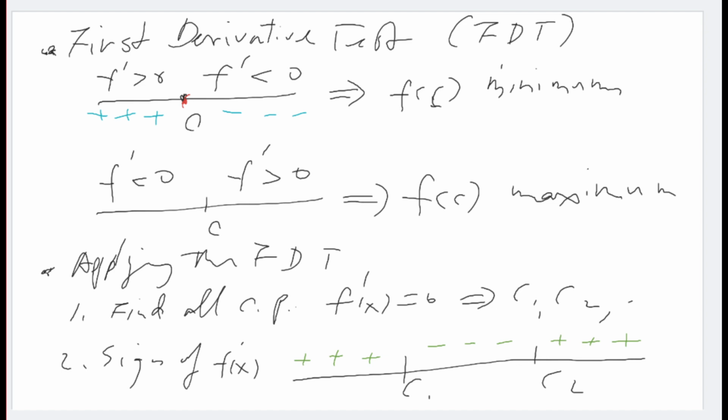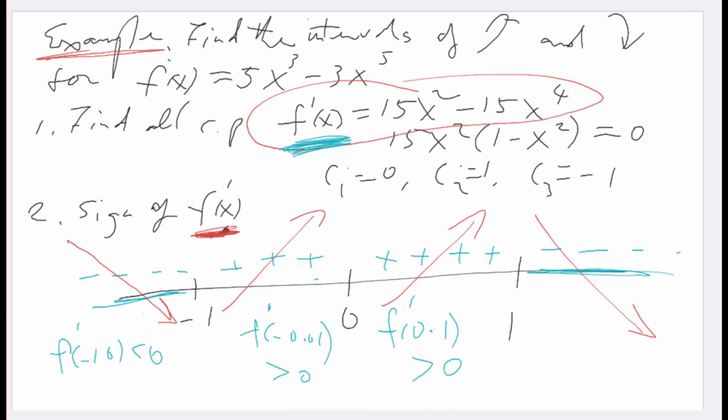Or if f prime is negative on the left side and positive on the right side, f(C) will be a maximum. Why is that? It's kind of confusing to remember what's what, right? It's easier to see on the graph, especially after you come up with your increasing, decreasing.